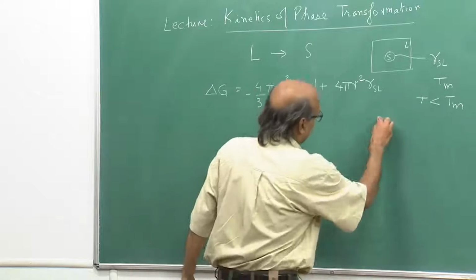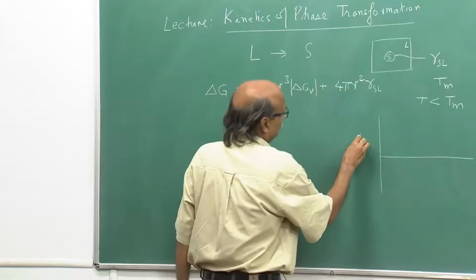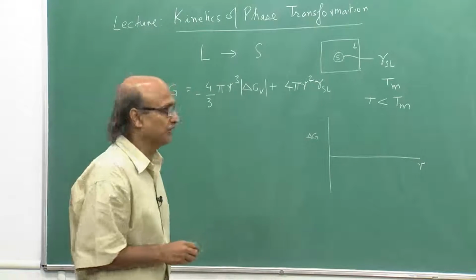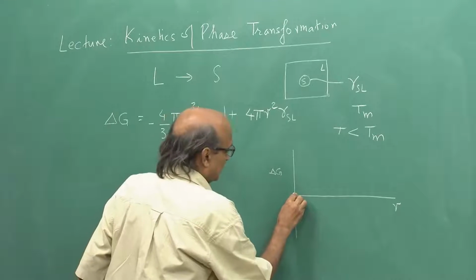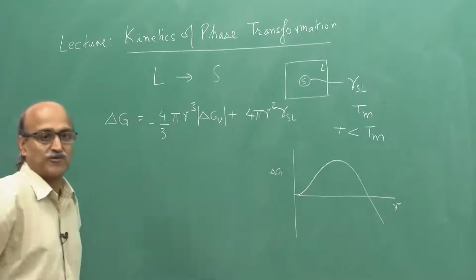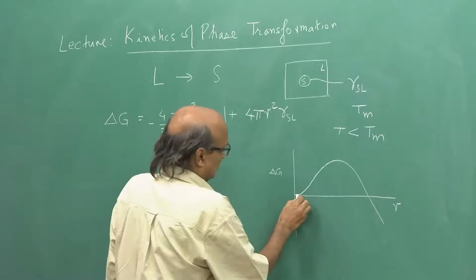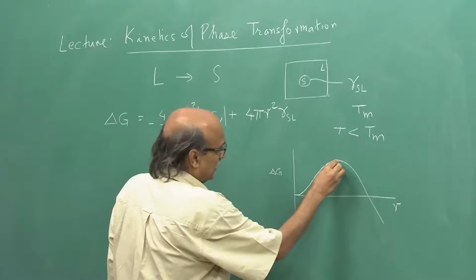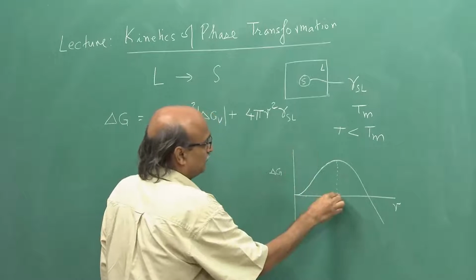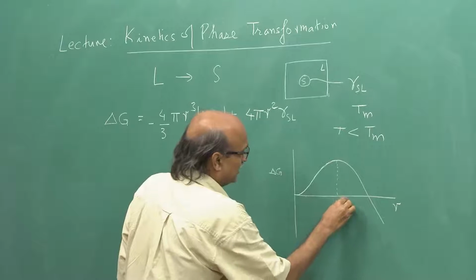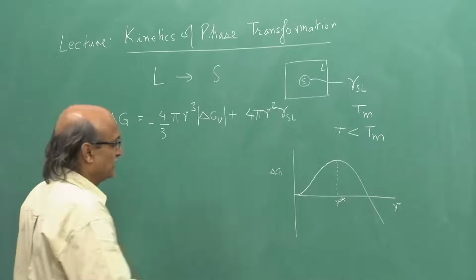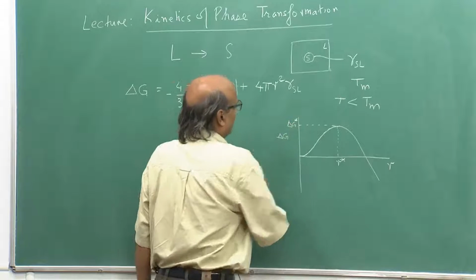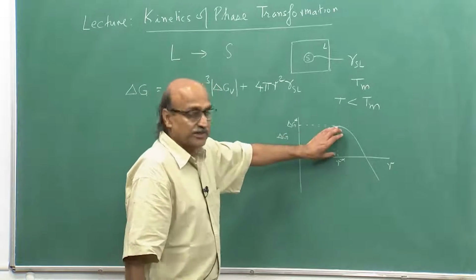So, as Professor Mandal has already told you, if I were to plot delta G versus the size of the nucleus or the radius of the spherical nucleus, then we get a curve like this showing that initially for small radius, we have a positive delta G until it reaches a peak, which is characterized by a value r star, indicating that this is the critical size nucleus, and corresponding to this critical size is delta G star, which is the size of the energy hill.